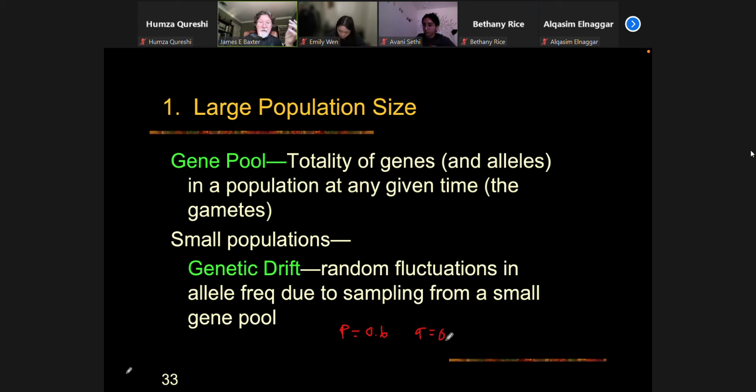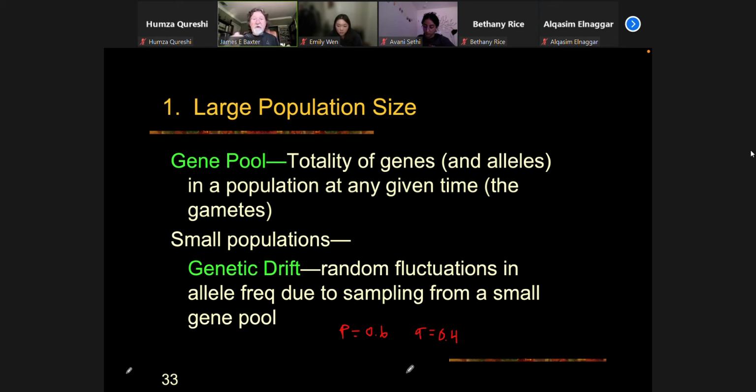Now, when this generation reaches maturity and starts to reproduce sexually, we don't have a gene pool where the allele frequencies for this second generation are 0.5, 0.5. Now, 60% of the gametes are going to have the dominant allele, and 40% of the gametes will have the recessive allele.